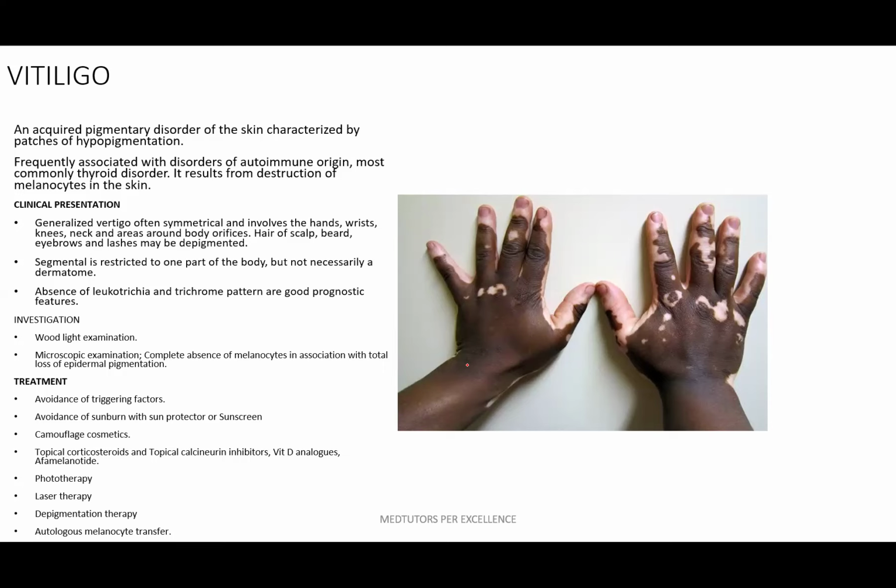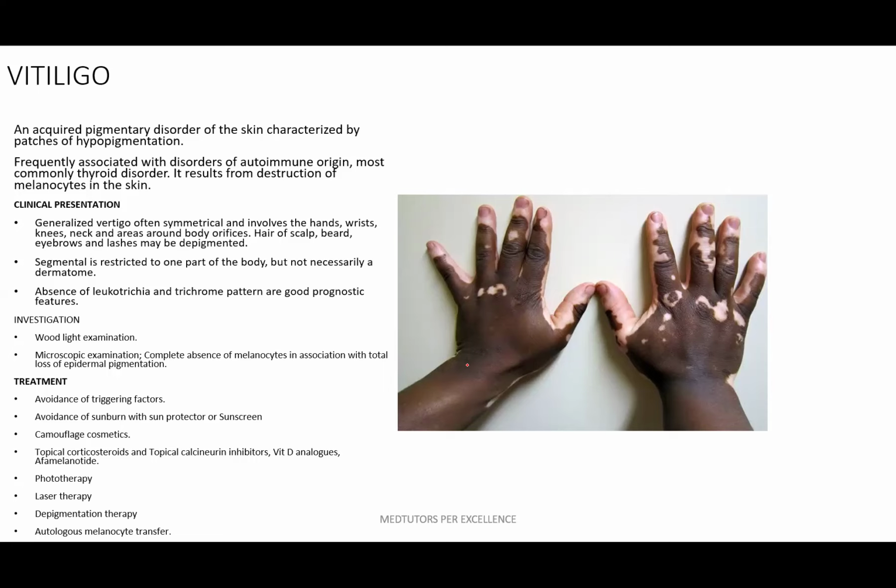Now, how do you investigate it? Using Wood's lamp examination. Wood's light is a kind of light you shine over the area that has vitiligo to make it more prominent, even if it's not showing, and it is more useful in patients that are not dark-skinned.